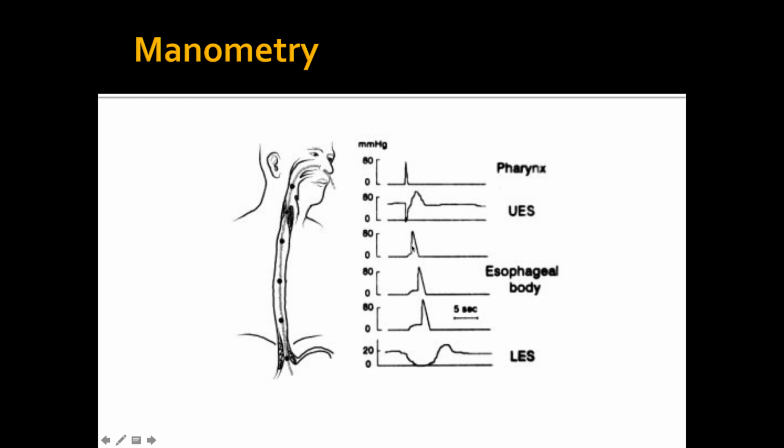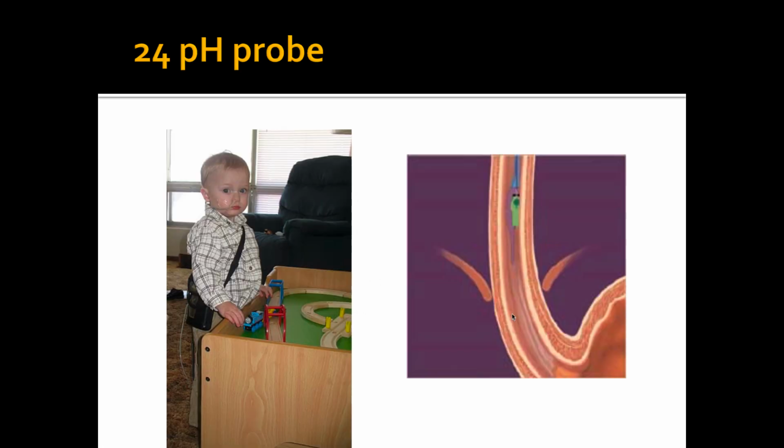You'll have progressive peristalsis as the food bolus goes distally through the esophagus. When it gets to the lower esophageal sphincter, what you should see is complete relaxation of the lower esophageal sphincter and passage of the bolus distally. So this is a normal manometric tracing.